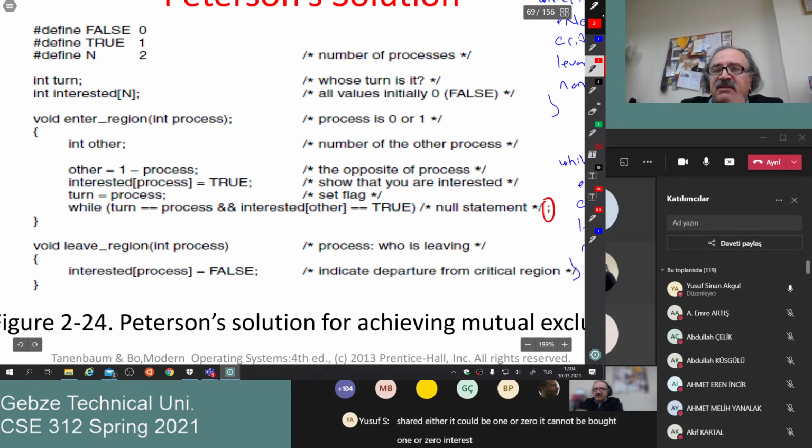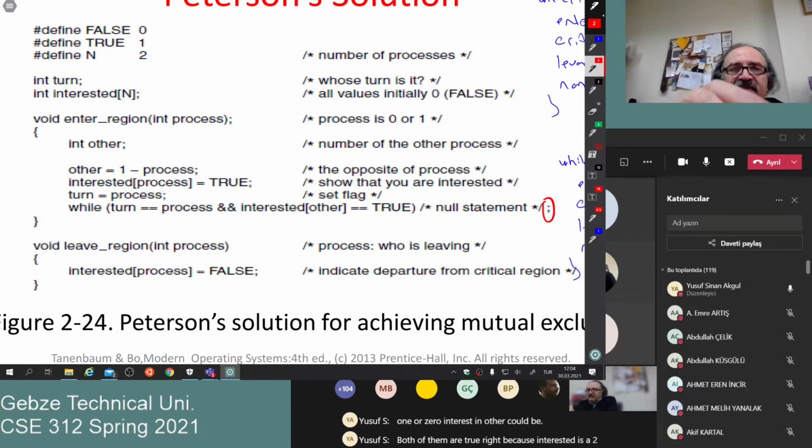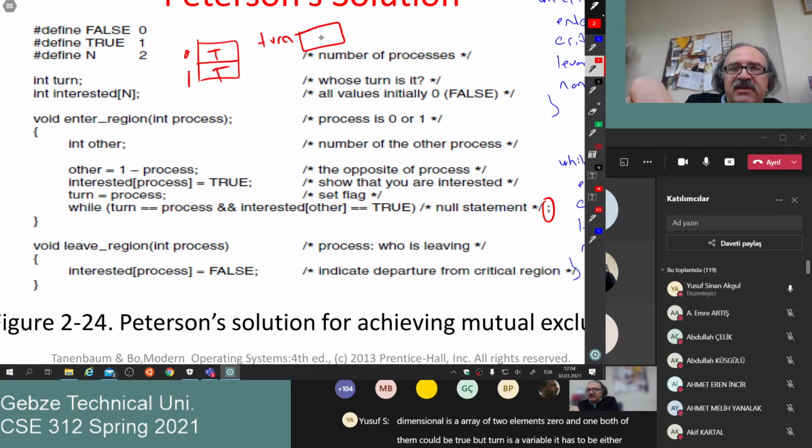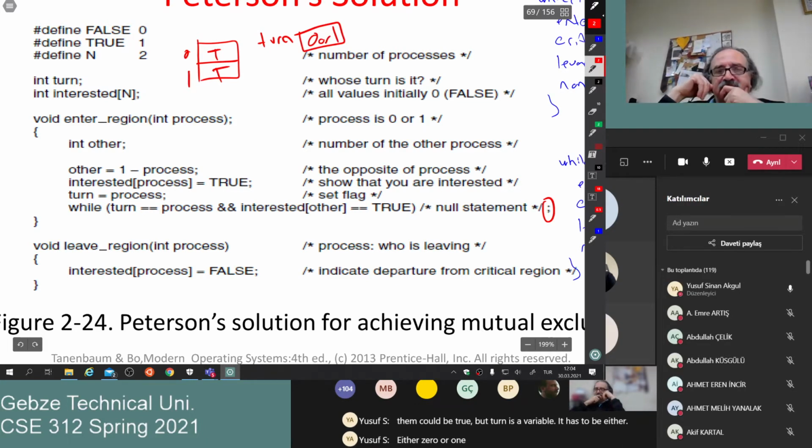Interested other could be both of them true, right? Because interested is an array of two elements, 0 and 1. Both of them could be true, but turn is a variable. It has to be either 0 or 1, right?